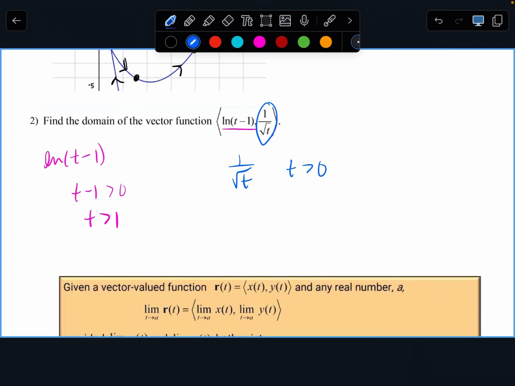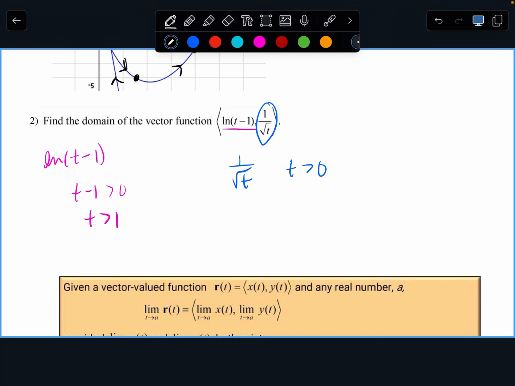So for the domain, why do I have 1 to infinity?